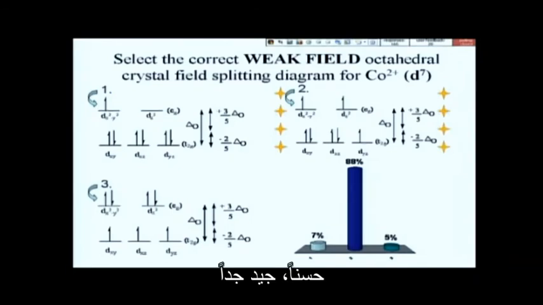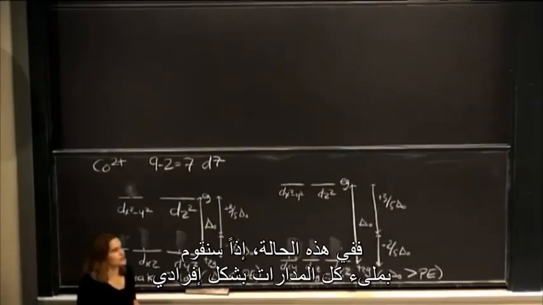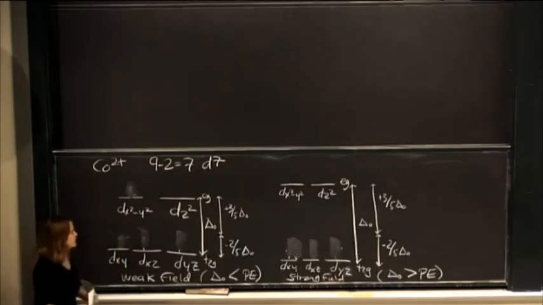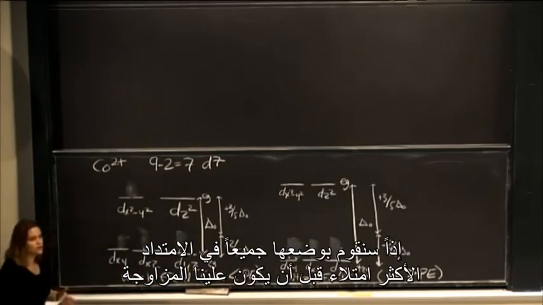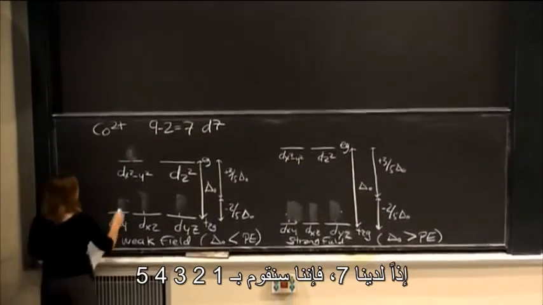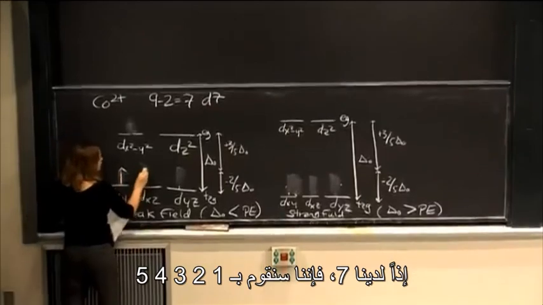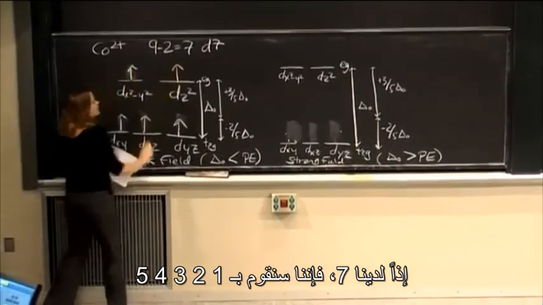Okay, very good. So this is the weak field case. In this case, we are going to fill up singly all of the orbitals because the splitting energy is less than the pairing energy. So we're going to put them to the fullest extent possible before we have to pair. So we have 7. So we're going to do 1, 2, 3, 4, 5.